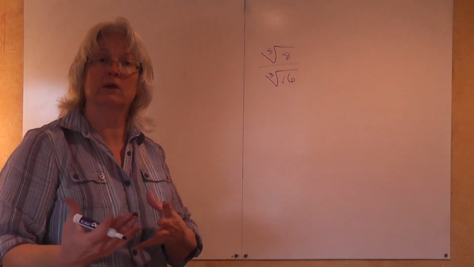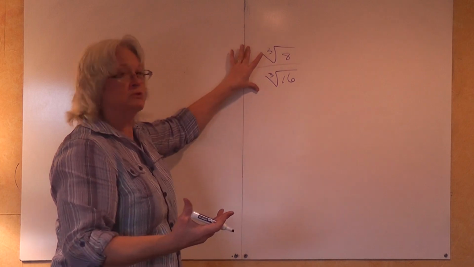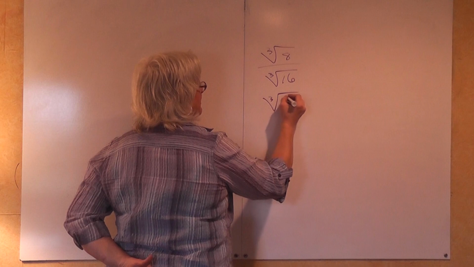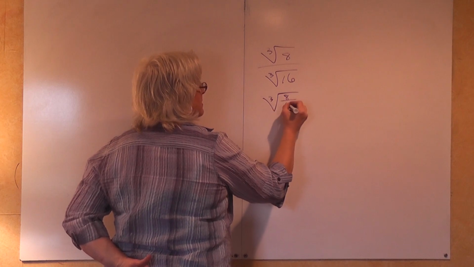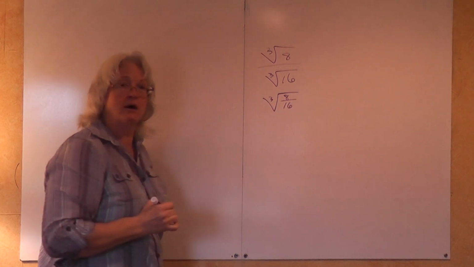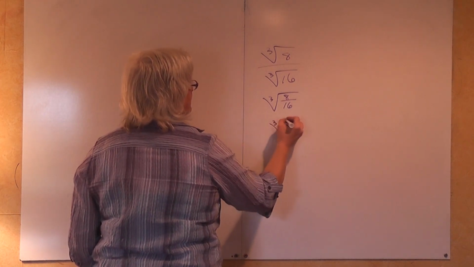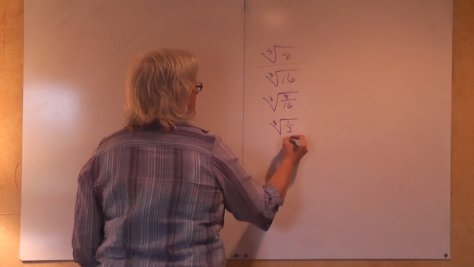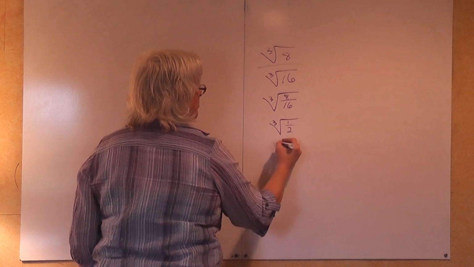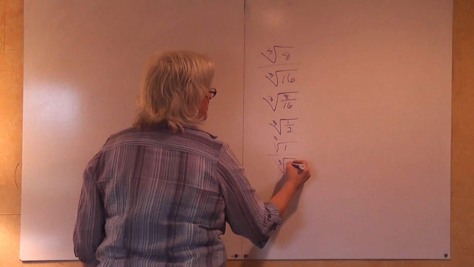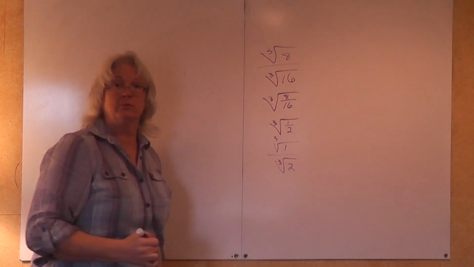Now the first thing that we can do here is we can use our division rule that said this is the cube root of 8 over 16, which becomes the cube root of 1/2, which is the cube root of 1 divided by the cube root of 2.